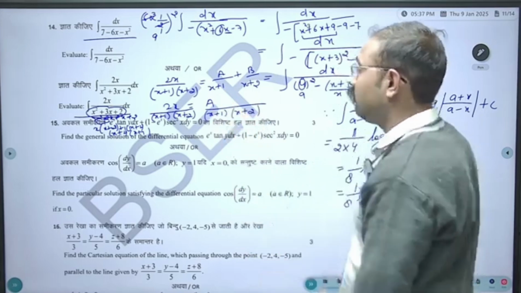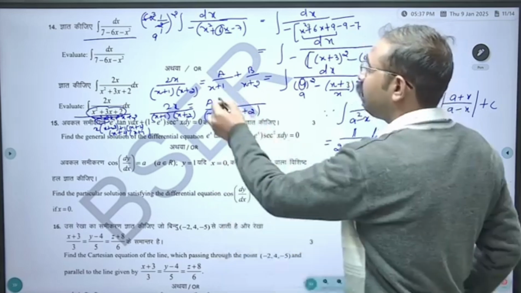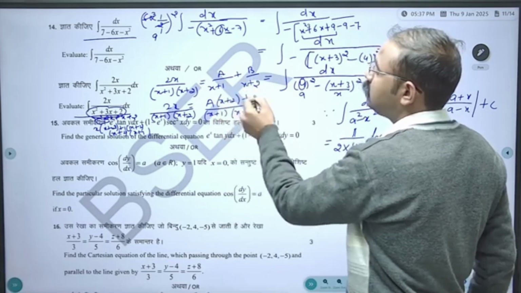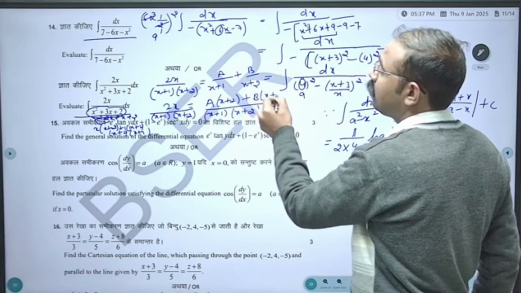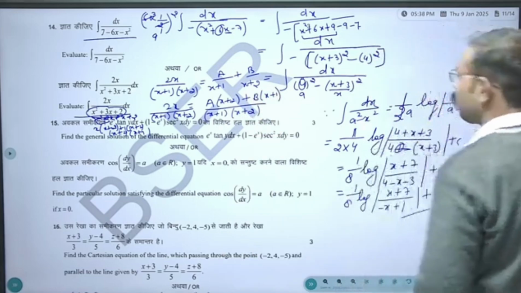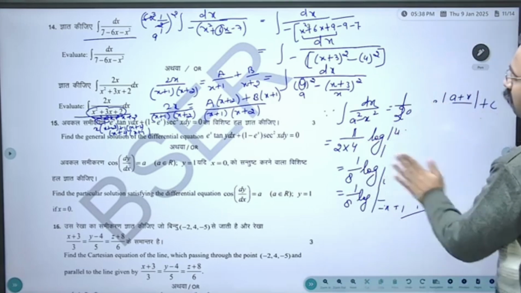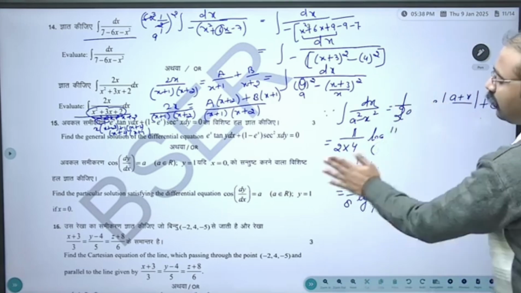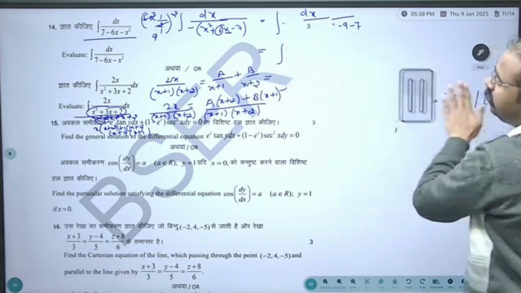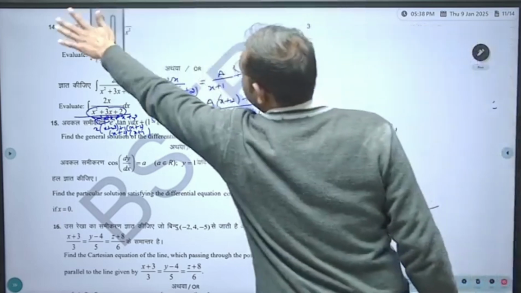X plus 1 is cancelled by this x plus 1. A will multiply by x plus 2 plus b, x plus 2 is cancelled, b will multiply by this x plus 1. So now we will compare and solve just to find out the values of a and b, and then after it's very easy.